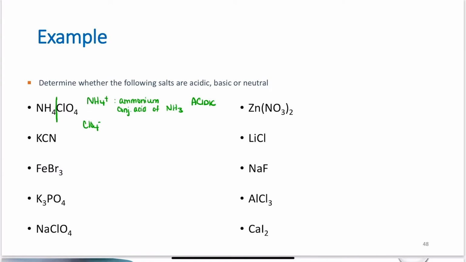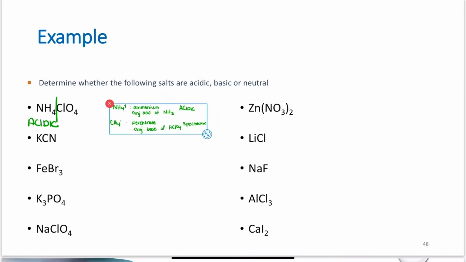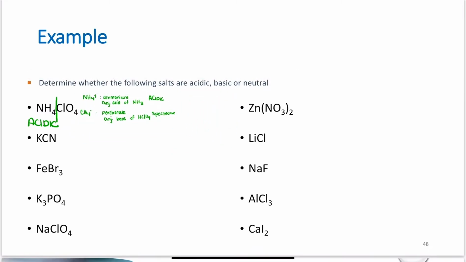ClO4-, perchlorate, is the conjugate base of HClO4, perchloric acid, which is a strong acid, so this is a spectator. Overall, this will be acidic. What about KCN?